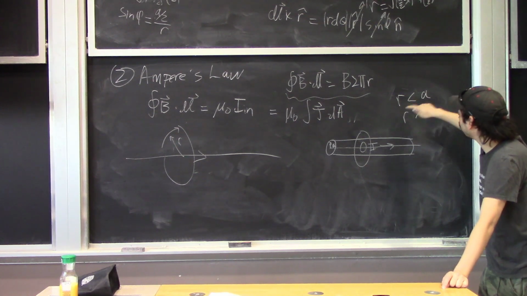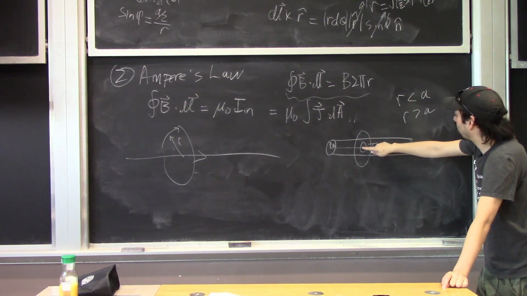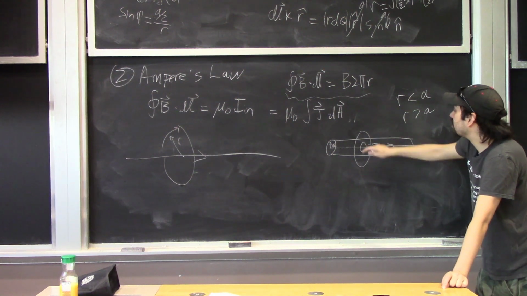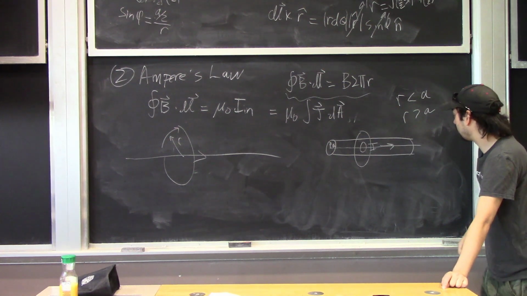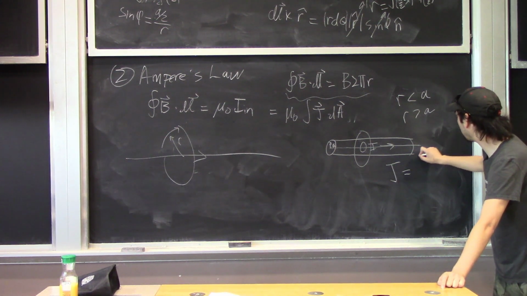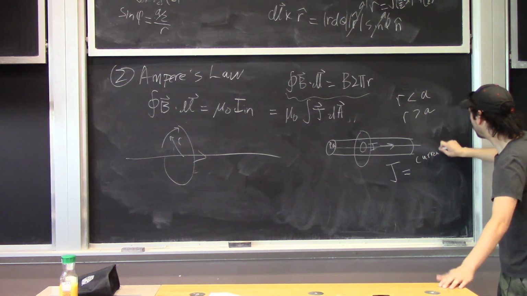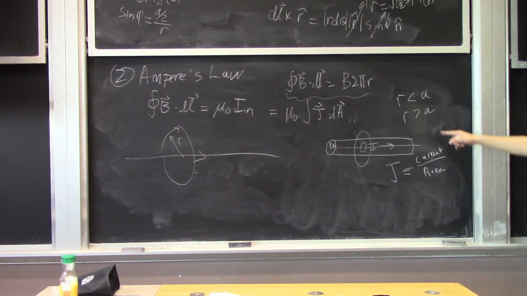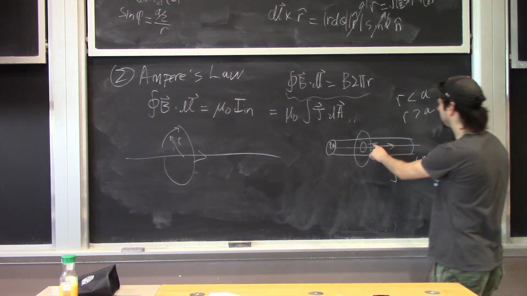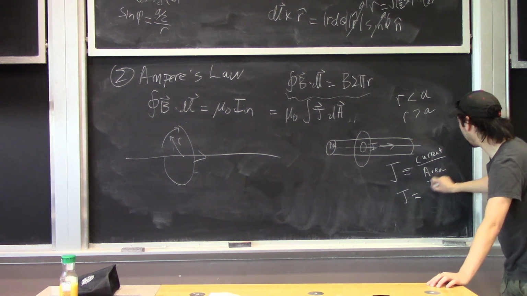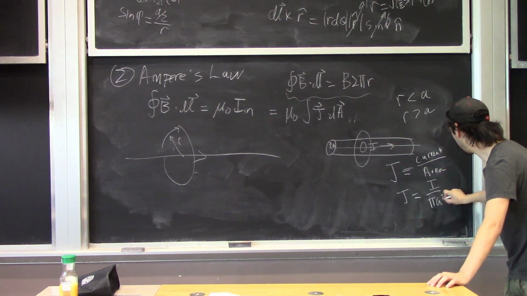So in doing this calculation, when I want to find what the current is that goes through the inner loop that I have here, what I need to do is define what the current density is. So by definition, the current density is going to be the current per area. And so in this case, if I have this radius of A and this current I, the current density is going to be equal to I divided by pi A squared.